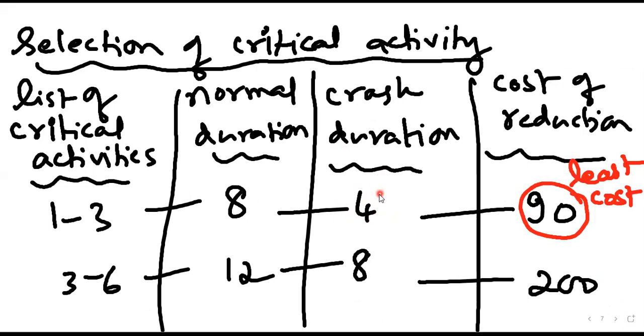Is it right? The value is 4 over here. Why did we reduce it only by 3?